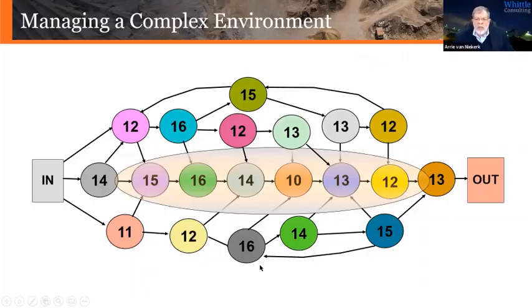Now I want to explain theory of constraints in the world of a complex environment, because our mining operations are fairly complex. And in the center of this picture, you can see that that's where the primary production flow happens. And we all know that the primary production flow is not all what it's about.